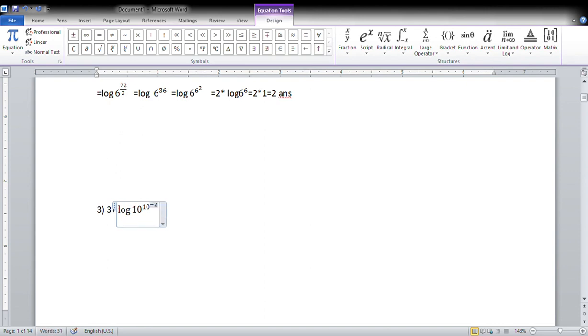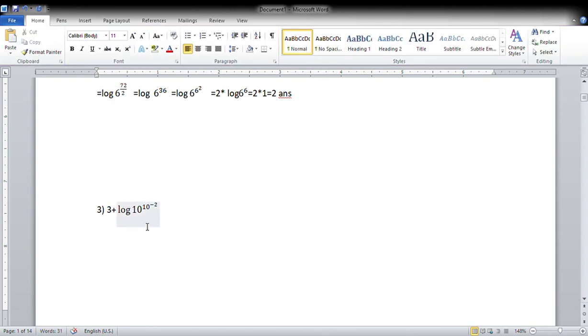If you read that number, you can simply write the log of 10 with the base 10 and the power is minus 2. So in that case, we can simply take that 2 and put it on the front side. We already studied this in the previous logarithm problem. So you can write it as 3 plus, again what is happening?